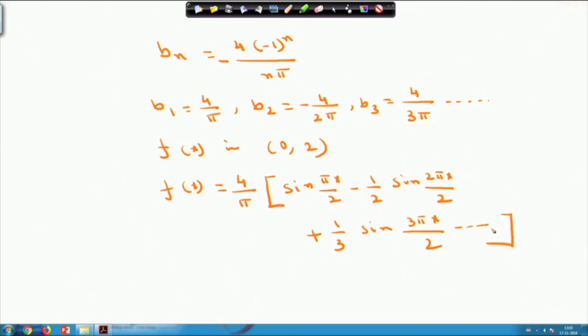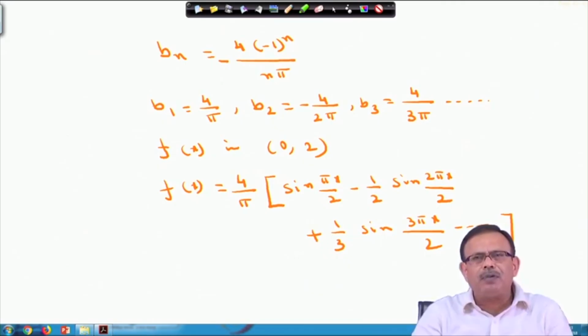So, I think it is clear that whenever the function is given to us and we have to find out the half range, say sine series, in that case we are extending the function in such a fashion that it will be symmetric around origin and we are extending it from 0 to minus 2.